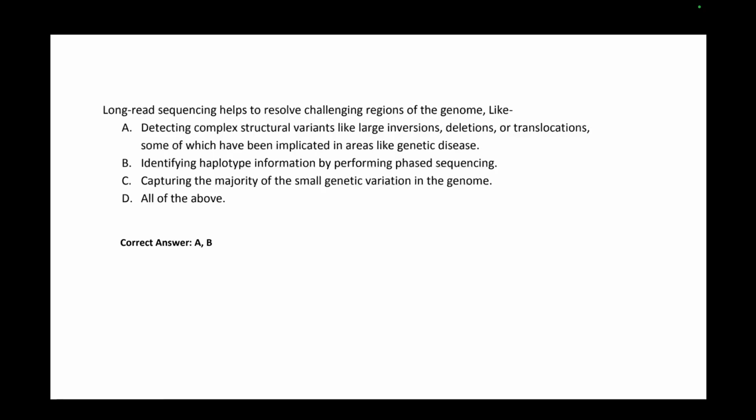I see a few people have given the answer D. I can understand how you are thinking. In one way, it is true. But for small genetic variations in single nucleotides, short read data is more useful than long read data. I'll explain how. For example, you have a long read with 1,000 bases.